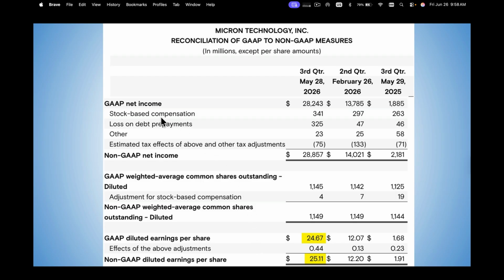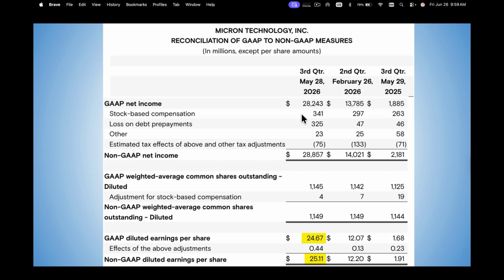And up here you can see the difference between GAAP net income and non-GAAP net income. They are adding back stock-based compensation. They don't see stock options and other stock-based compensation as a cash cost, and therefore they don't believe it should be deducted.